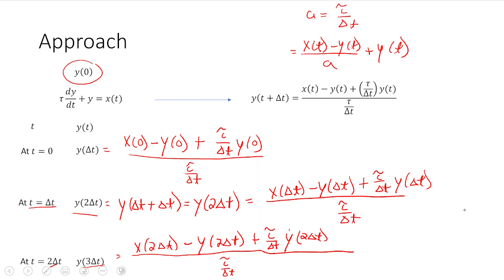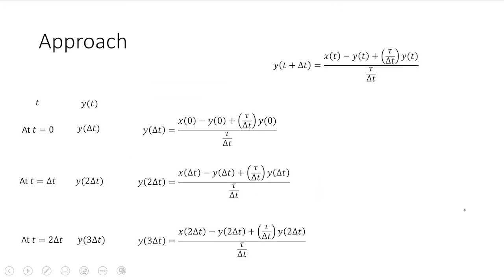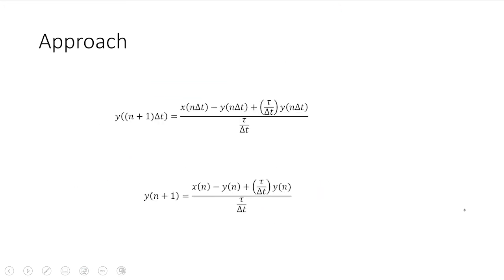So I can generalize that and say, if I'm looking at the nth time step, the value of the capacitor voltage, the value of the output at the n plus 1th time step, the one right after right now, depends on the values that I have right now, okay?